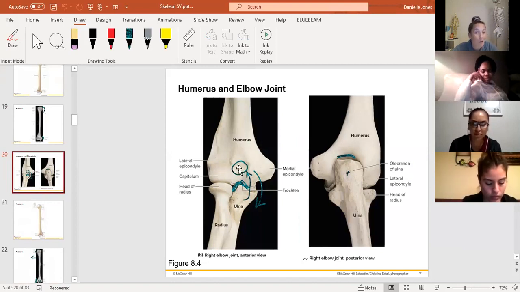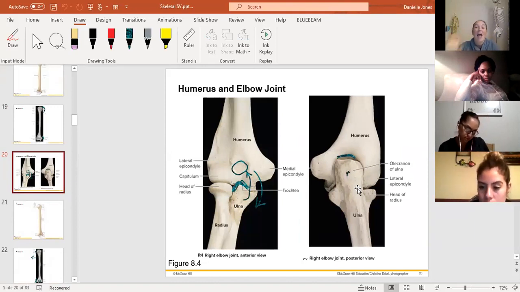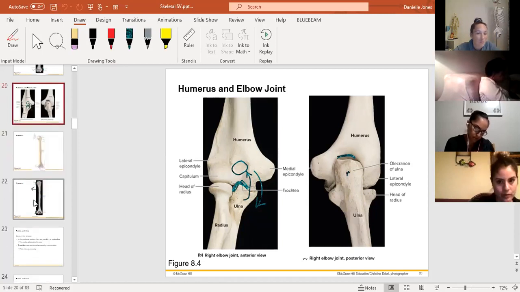The coronoid process goes into the coronoid fossa right here, and that is going to be when we flex and extend. The olecranon process right here is going to come out of that olecranon fossa and then go back into it when we extend our elbow. So I just wanted to show you how it sits in there and how it goes.